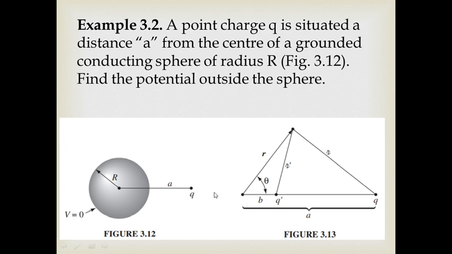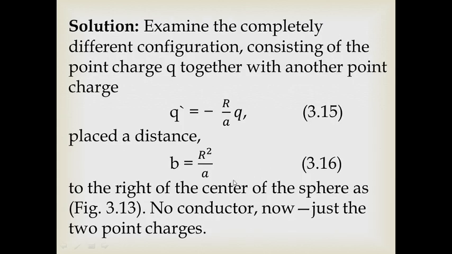So q dash is kept from the center at a distance b equal to R square upon a. The magnitude of the charge q dash is also not identical to q; it is different, equal to minus R upon a into q, an opposite charge placed at a distance b. Why is it made like this?